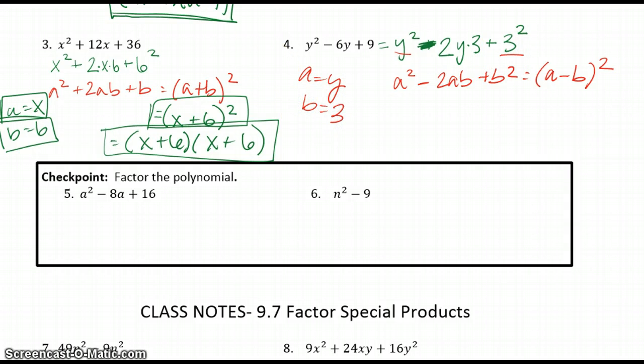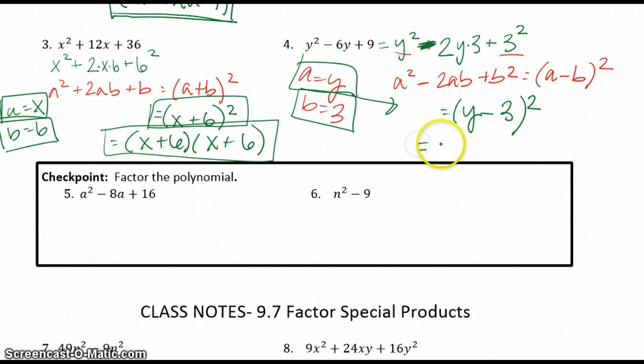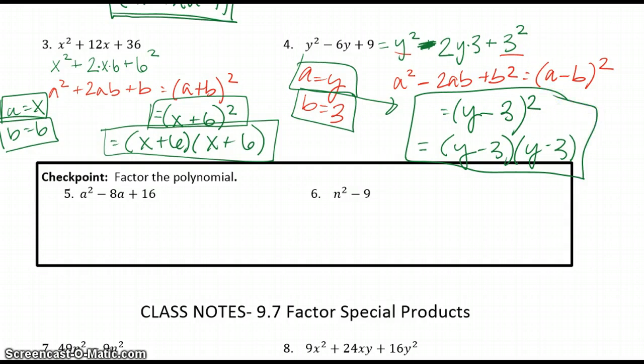So we plug these in to our formula, our rule, and we know that the factors must be y minus 3 squared, which again is the same thing as y minus 3 times y minus 3. You can write your answer either way as factors.